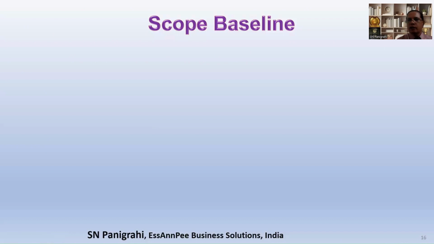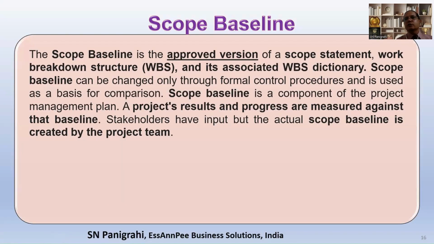Now, once we define the scope and develop the WBS and WBS dictionary, and all these things are approved, then the scope baseline happens. The baselines are the approved versions. Once the scope plan has been approved, the baseline forms.